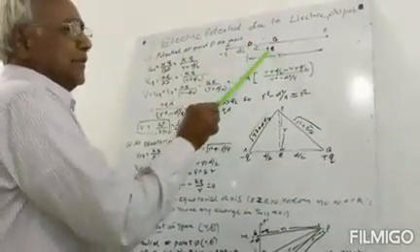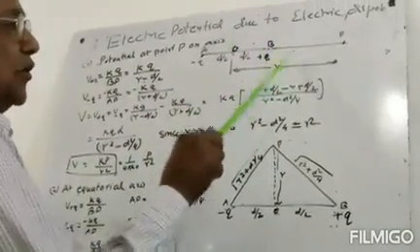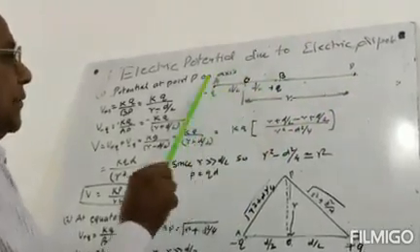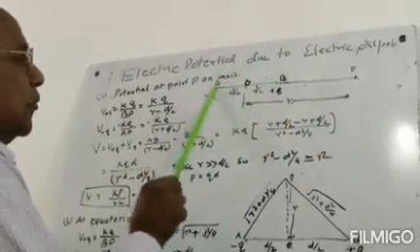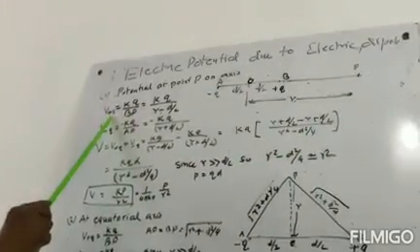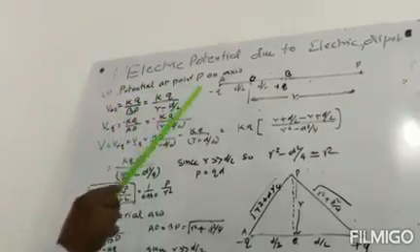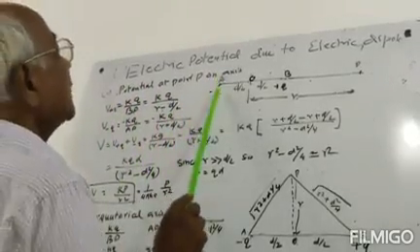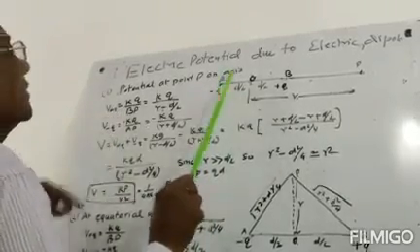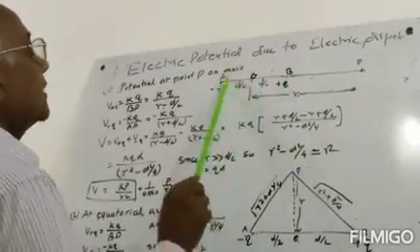Now, what will be the electrical potential due to the positive charge? It will be 1 by 4 pi epsilon 0, or k, times q, but at this distance. For the negative charge, it will be k times minus q, but at this distance. So the potential due to the minus q charge will be k into minus q divided by the distance AP, and this distance will be equal to r plus d by 2.